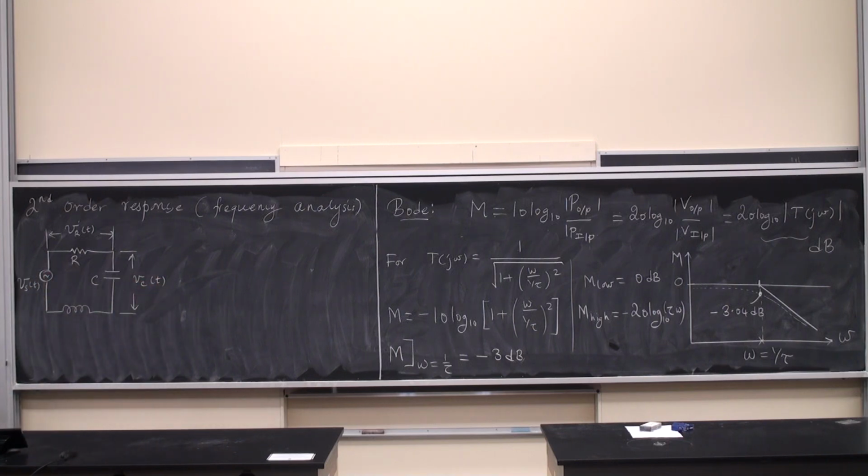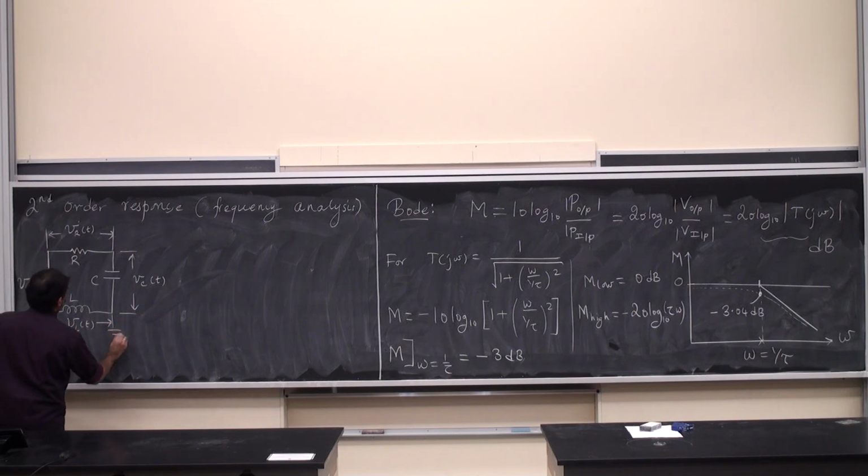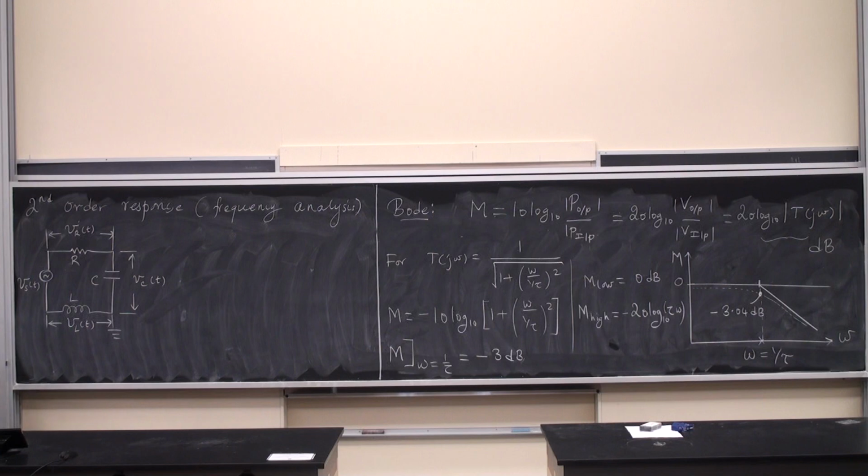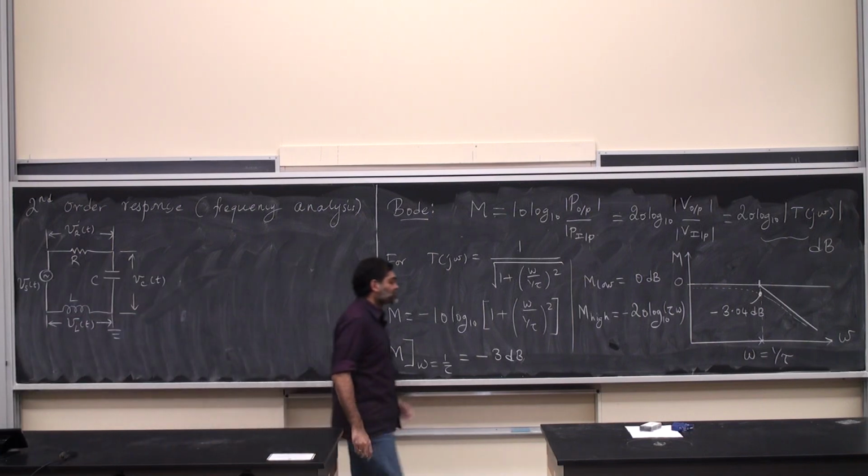And then I have an inductor element, which, as you know, stores energy in its magnetic field based on Ampere's law and Faraday's law combined together. And this is VL. And somewhere at some node I have a ground reference.